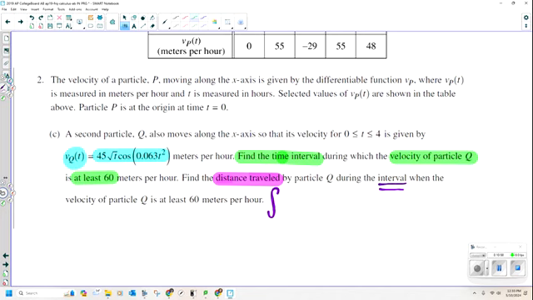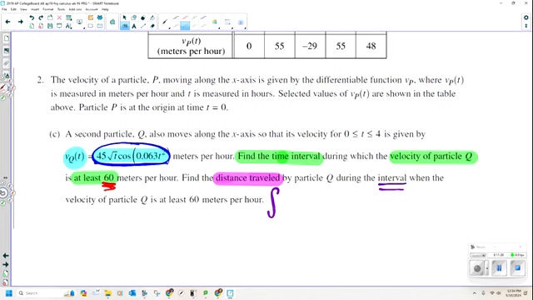So the first thing we should do, let's focus on the interval where my velocity for Q is at least 60. What I'm going to do is I'm going to put this in the calculator in Y1, and in Y2 in red, I'll put 60 in the calculator. And I want to see where this is actually above this 60 in the calculator.